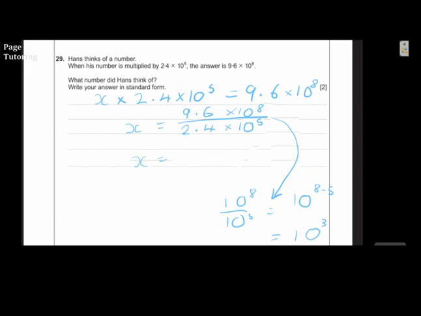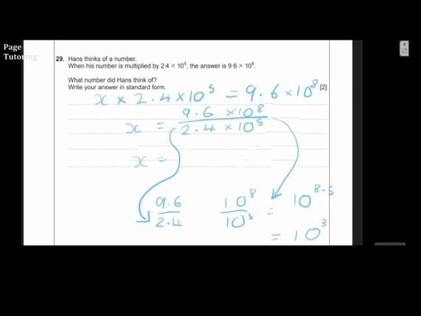Then looking at just our numbers, we want 9.6 divided by 2.4. So how many lots of 2.4 are in 9.6? If we do 2 lots of 2.4, that's 4.8.